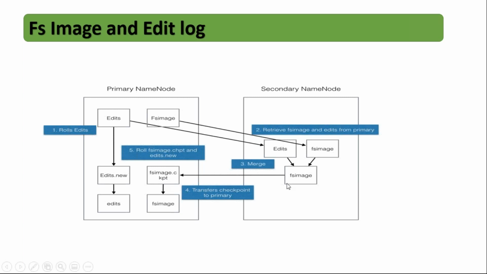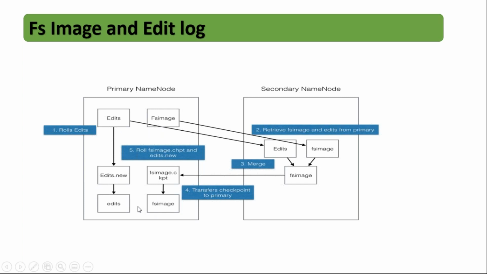Then after copying this merged FS image into the primary name node, it will be renamed to FS image again. At the same time, edits will be renamed to edits.new, then renamed back to edits. So finally, again, you end up with edits and FS image.